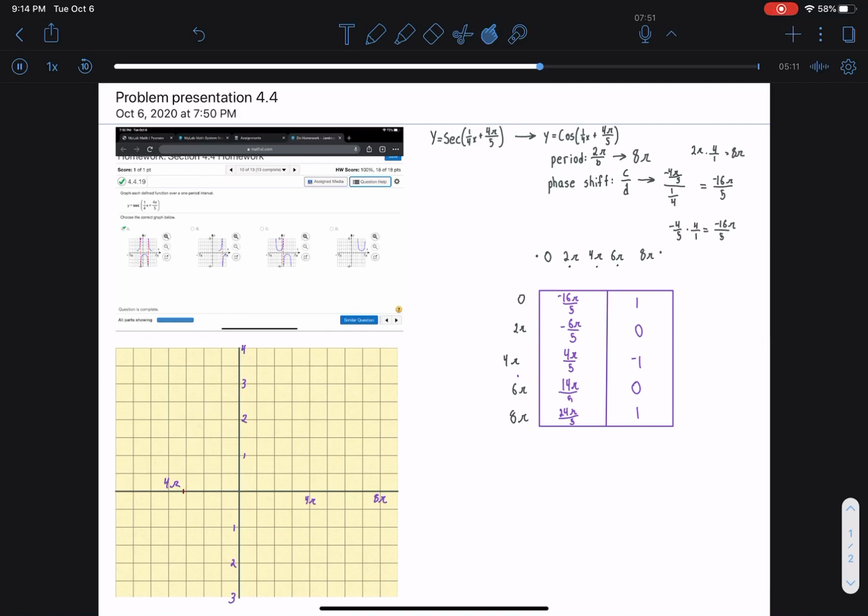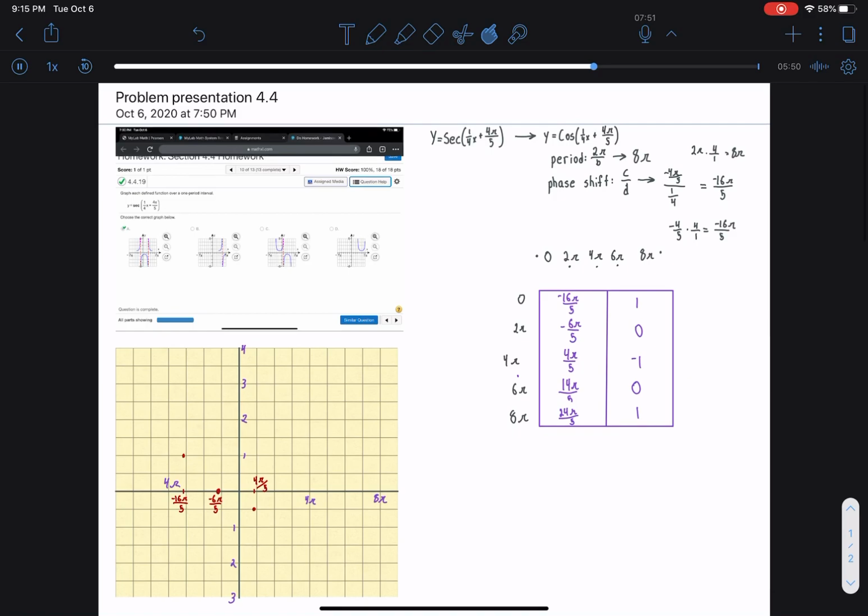So this is where our 16 pi over 5 is. It's going to be at 1. We got negative 6 pi over 5. It's going to be right here. And that's going to be at 0. And then we have 4 pi over 5. So that's about 1 pi is here. Go down to 0. And it's going to be 4.